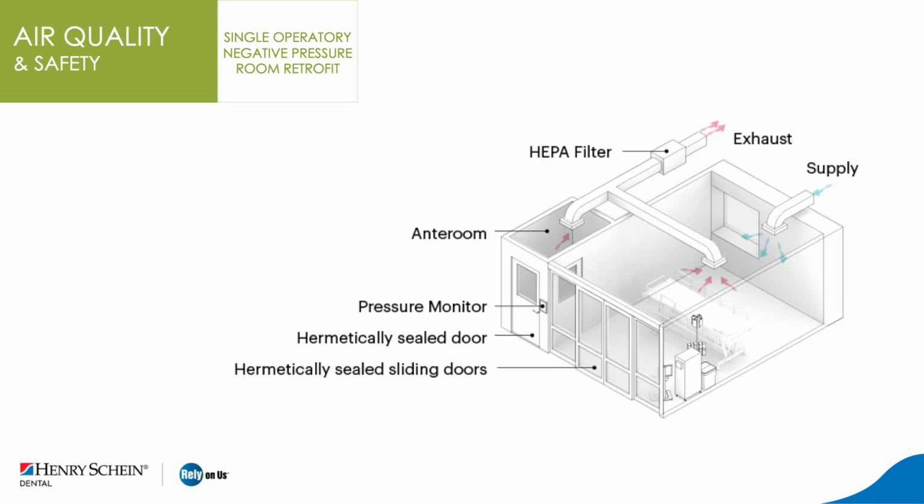Now we have another example of a retrofit, but this one does not utilize a mobile unit. In this case, access to a drop-down or suspended ceiling and adequate ceiling space allowed the retrofit to actually be installed. You can see where the air supply is coming in. They're using fresh air coming in on this particular example.